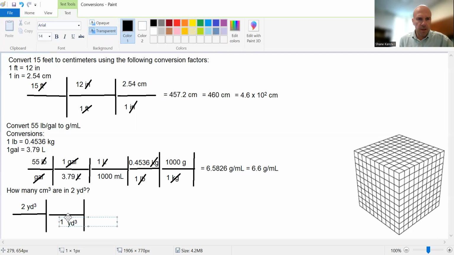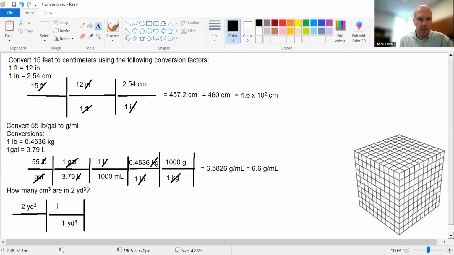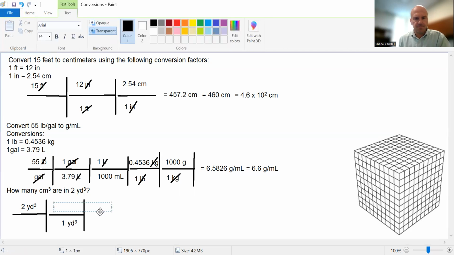I'll put the 1 for the yard because that's a conversion. But when I go to put in the 3 feet, if I'm trying to relate a cubed relationship here now, I really need to be considering cubic feet.